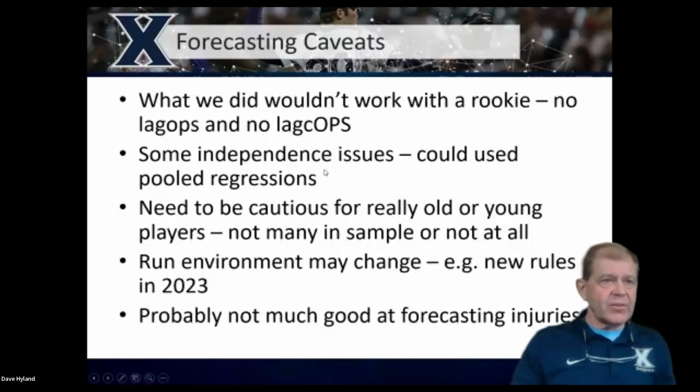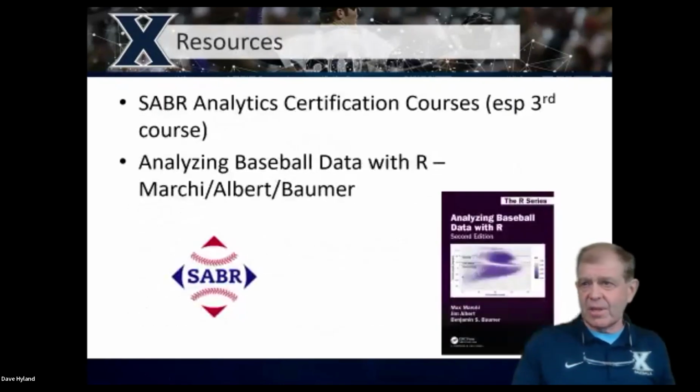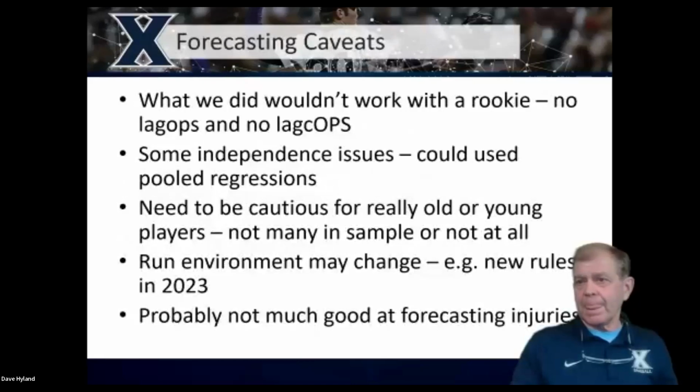One of the things that I might want to do is use pooled regressions, using the plm package instead of the linear model. It would fix some of the independence issues in the data, but probably give very similar results. We need to think about the run environment changing.